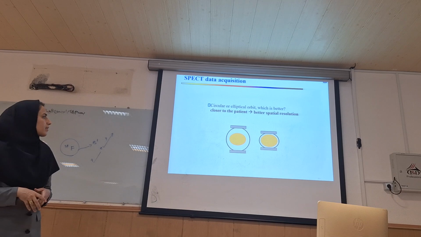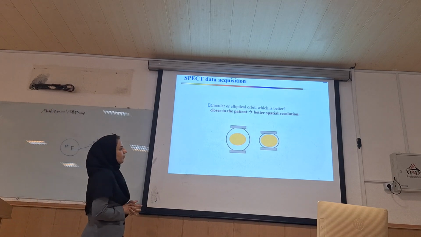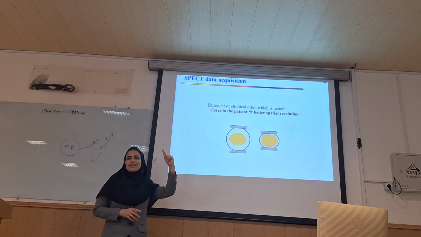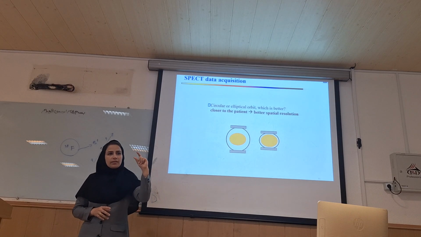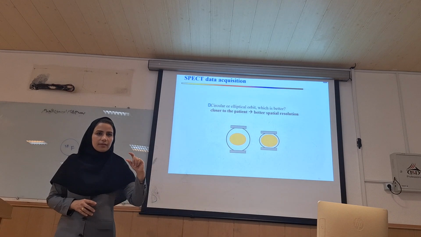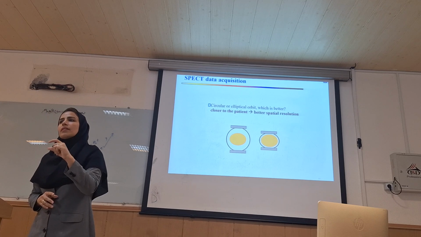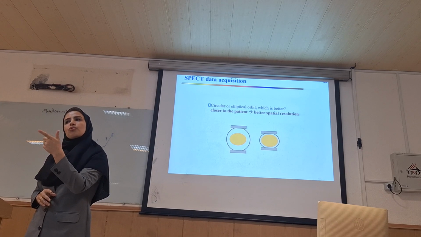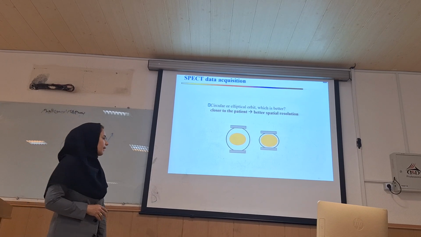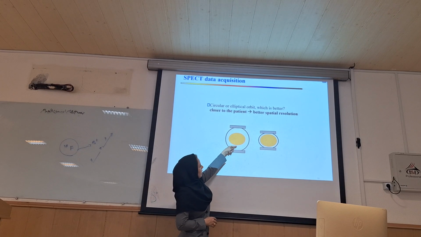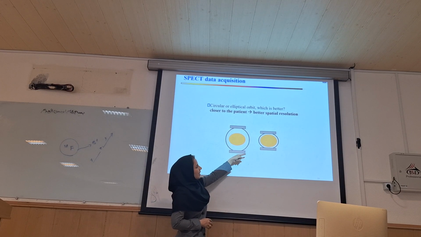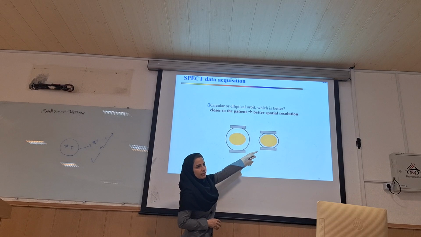This is the effect of the distance of the detector head from the patient. If this distance is lower, my image quality is better and spatial resolution is better. You can see the difference between long distance and low distance.